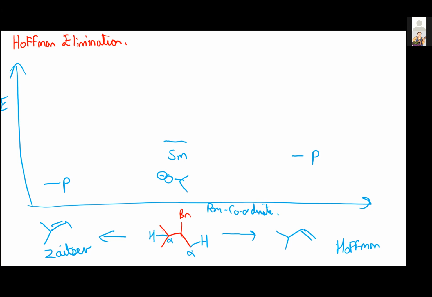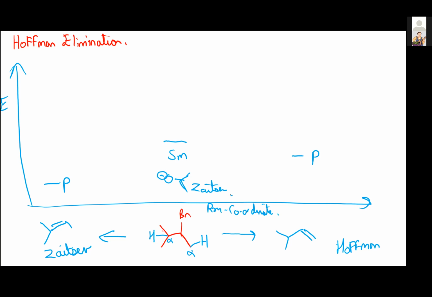Okay, so let's say we have a Zaitsev base, and we're going to come back to the Zaitsev versus Hoffman bases. This is one of the places where I am going to give you a rule, and it's going to work for this class. This is a Zaitsev base. The products are the products. The energy of the products is the energy of the products.